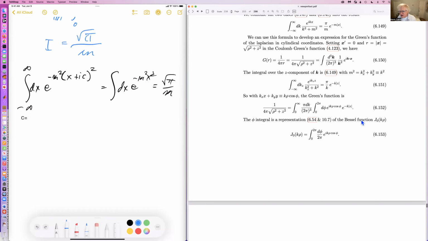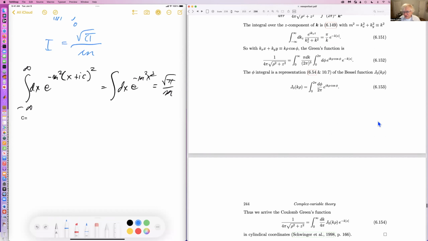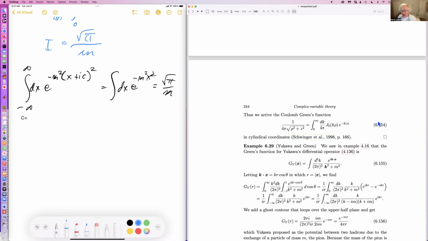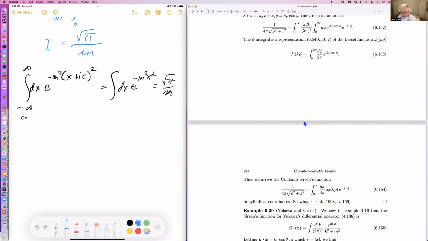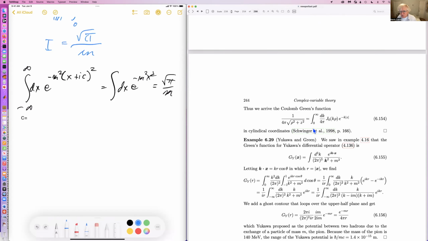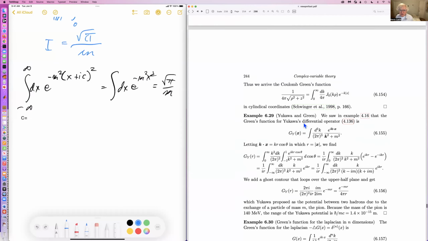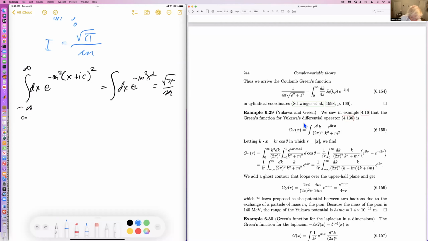The phi integral turns out to be a representation of the zeroth Bessel function, as we'll see when we do Bessel functions. And so we get an expression for the Coulomb Green's function in terms of a Bessel function and an integral over a Bessel function. This is one of Schwinger's many formulas.